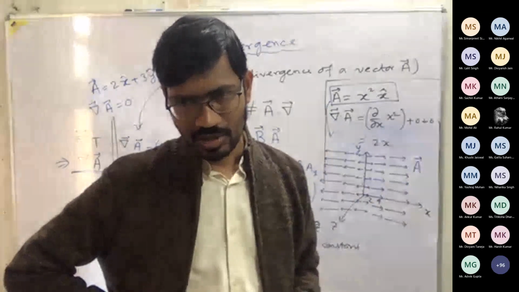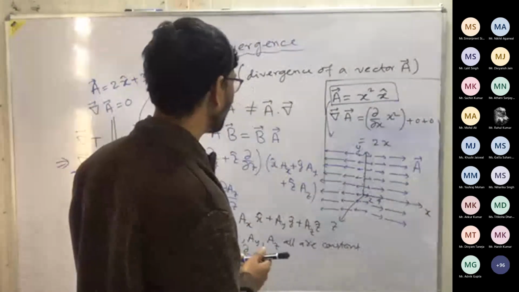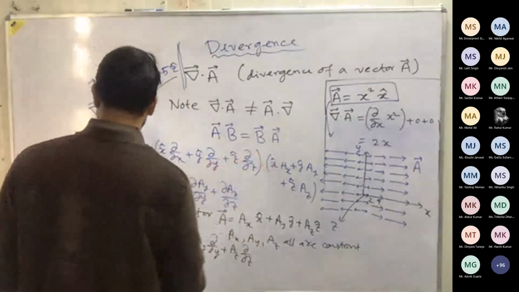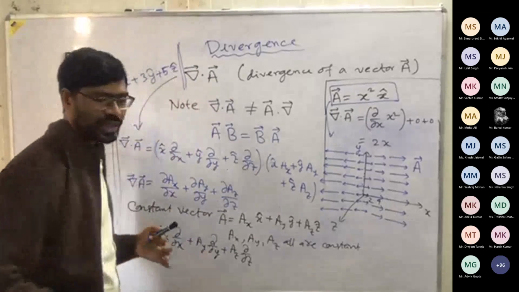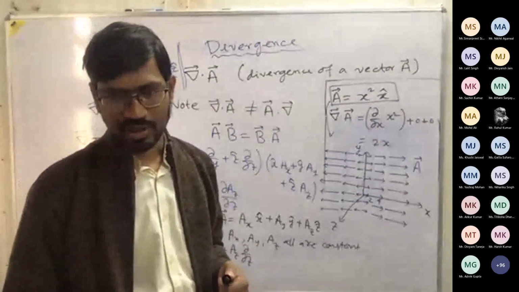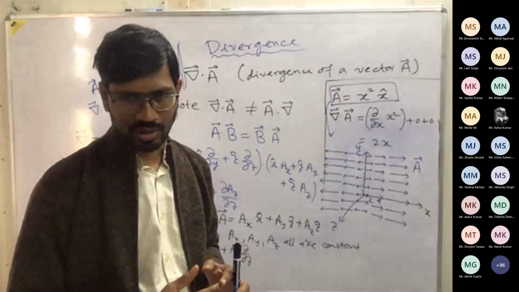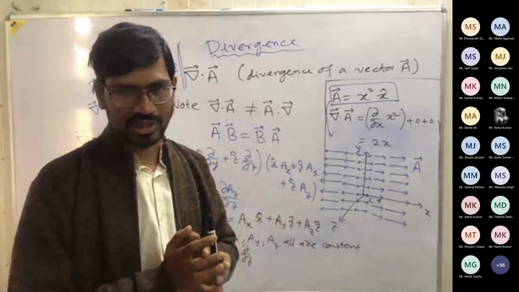We'll see that this quantity essentially gives a flux. If there's a net flux through a surface, that means there is some source inside the surface.